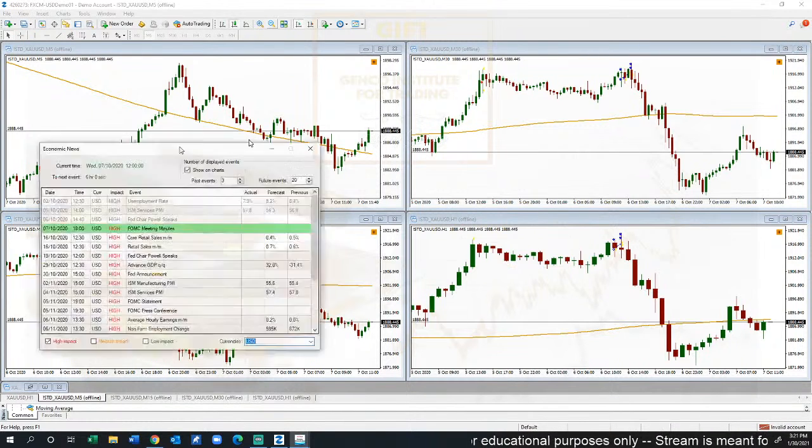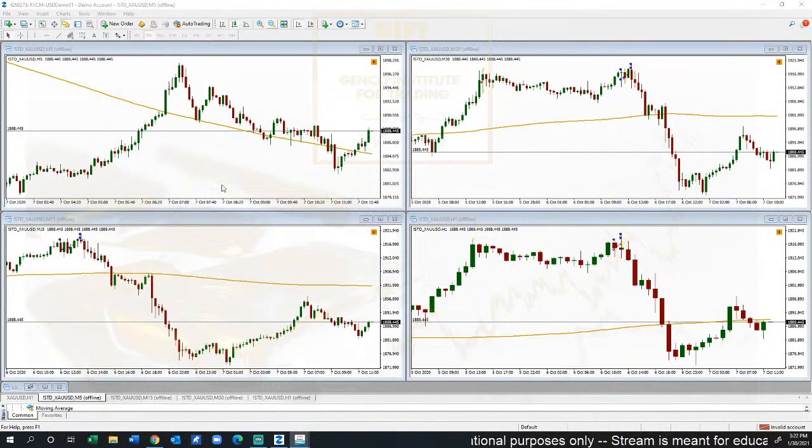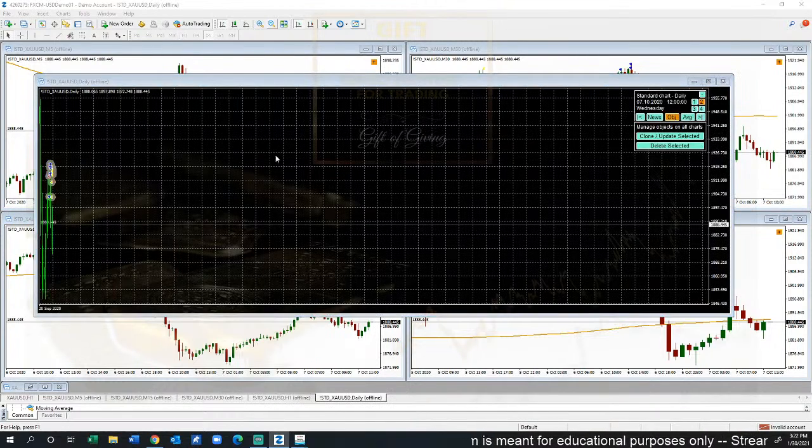FOMC meeting minutes, but that's later on, outside of the trading hour. Now we just gotta wait, look for a trade, see an opportunity. One thing is I like to look at the daily chart from time to time. So you can actually load up the chart, add the daily, open it.